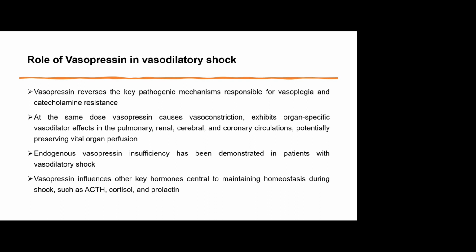And also, endogenous vasopressin insufficiency has been demonstrated in certain patients with vasodilatory shock. It is a common drug to be used both in adult patients as well as in children when we have vasodilatory shock. However, this randomized controlled trial looked at use of vasopressin in pediatric vasodilatory shock.